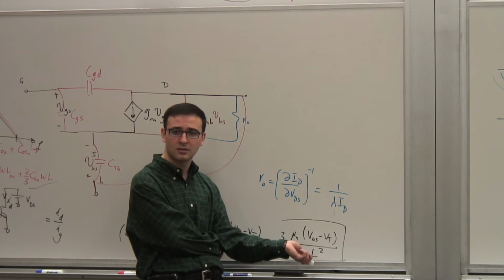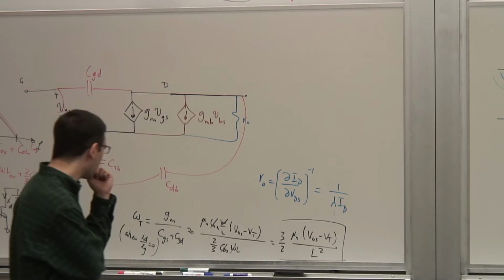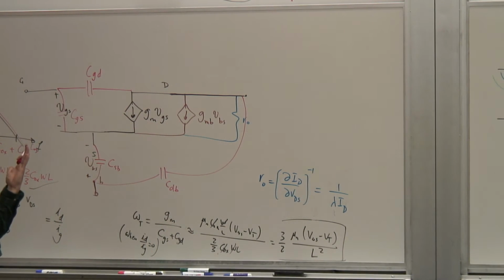Why is that? Well, think about it. There are two things at play here. One is the transconductance, which is inversely proportional to L. So you halve L, you double your transconductance for a given gate overdrive.